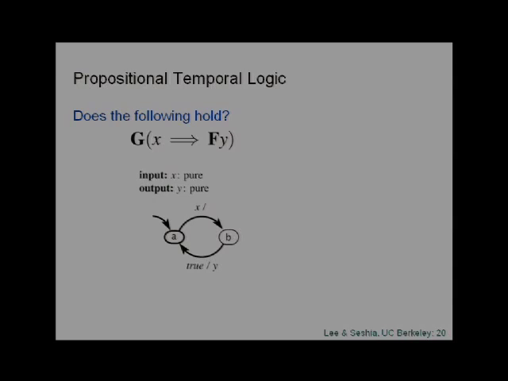Now you have to have y become true sometime in the future, but the only possible step out of B is one in which y is output. So if you ever took a step after this first transition, you will output y. So any trace this machine exhibits has got to be of the form x followed by y in some future state.